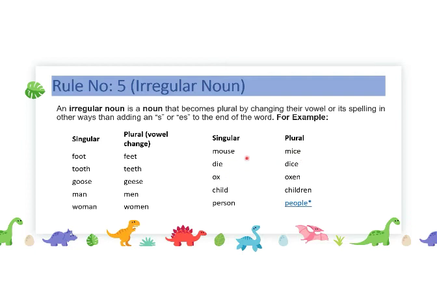Die, dice. Ox, oxen. Child, children. And when we are talking about one person, it's person. And when we are talking about many, that is called people. Go through these words and try finding out new words in this way.